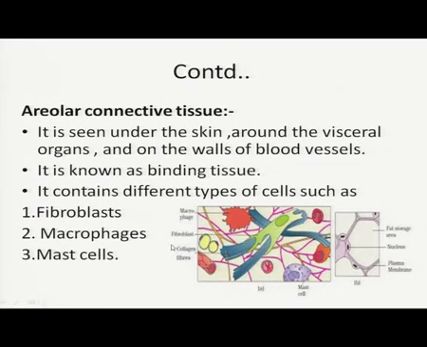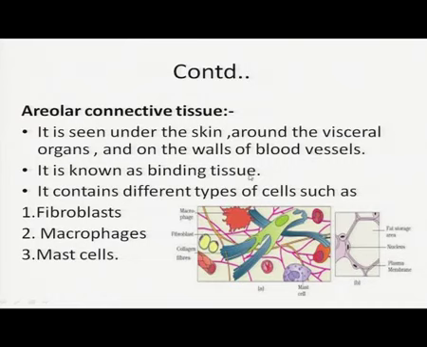Here, the first category, areolar connective tissue, you can see the diagram here. It is seen under the skin. Areolar connective tissue is commonly seen under the skin. They are seen around the visceral organs, internal organs, and on the walls of blood vessels.